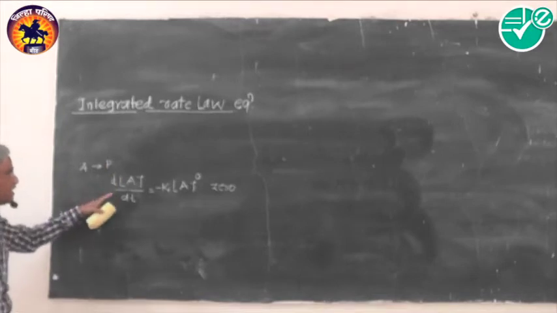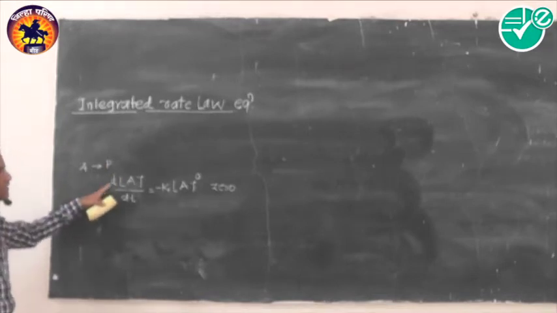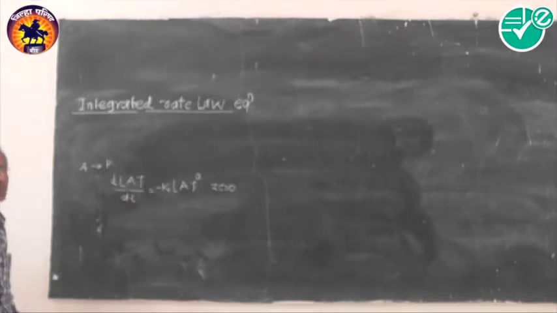This is the differential equation. This is called the differential form of the zeroth order reaction.